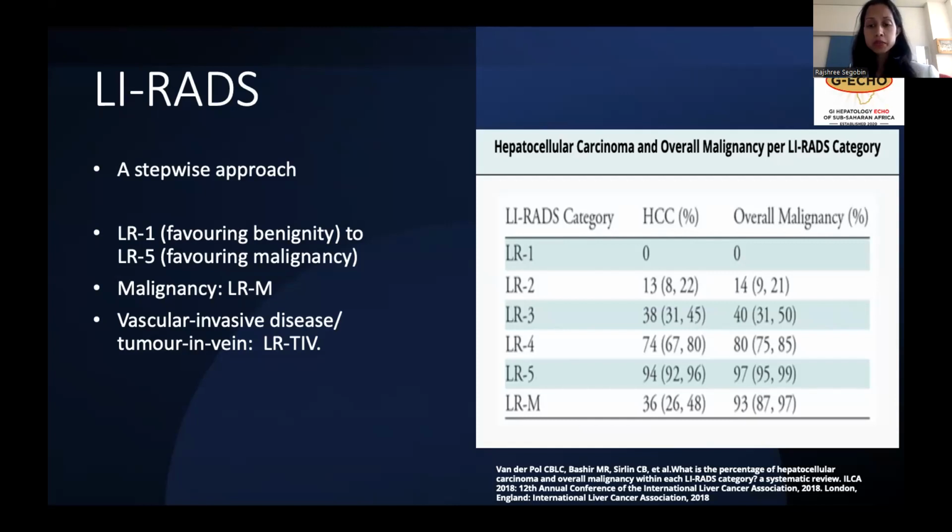So according to the table below, you can see that the LR5 criteria has the highest overall probability for HCC, making it the most specific for HCC, and a 97% probability of overall malignancy.